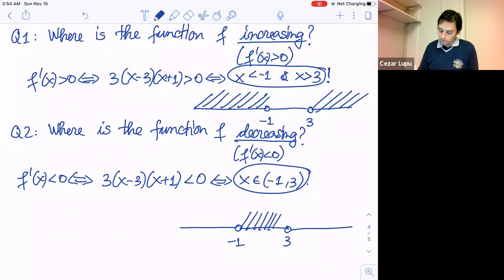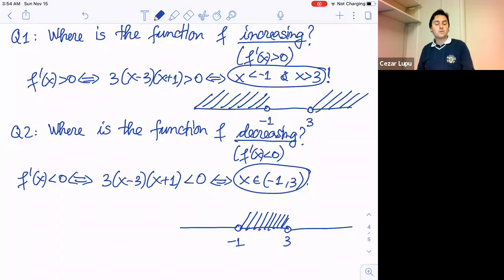These are the values on this interval, except the endpoints of the interval. So -1 and 3 we exclude them. Right? Now at this point, we see on what intervals the function is decreasing.